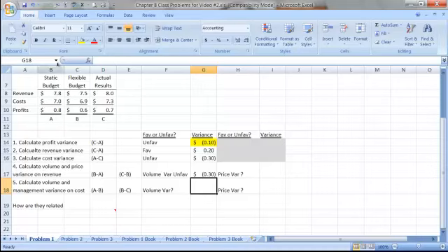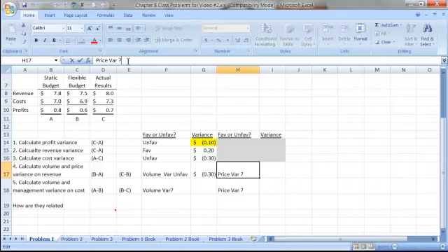Now let's look at the price variance. Okay, price variance on revenue is the flexible budget compared to the actual budget. Well, the flex budget was 7.5, and the actual was paid. I would say that's a favorable variance.